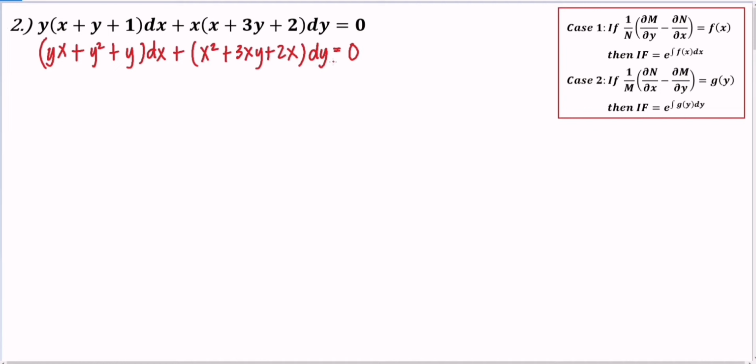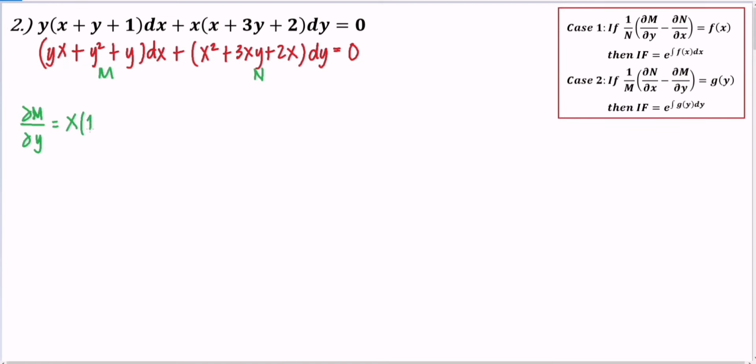So, again, we have here m, ito. So, ito si m, ito si n. So, let us solve the partial derivative of m in terms of y. Ayan. Okay, so ibig sabihin, i-derivative ko ito in terms of y, so I will treat x as constant. So ito guys, kokopyahin ko lang si x kasi nga constant siya.